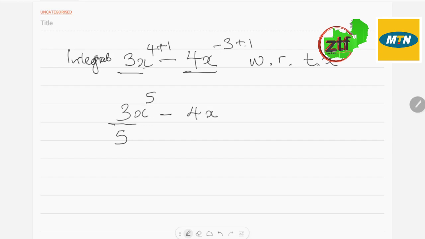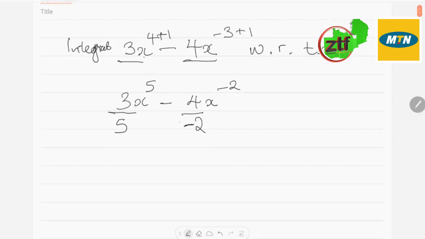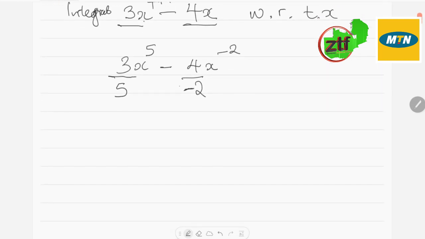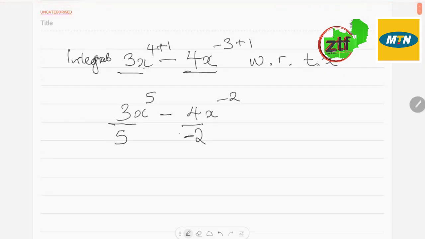Negative 3 plus 1 gives us negative 2, so the new power is negative 2 here also. I hope you're able to follow that. And now we can evaluate, or maybe before we go any further, we can express this as a positive index like I said earlier.